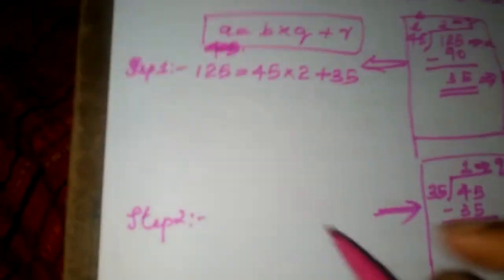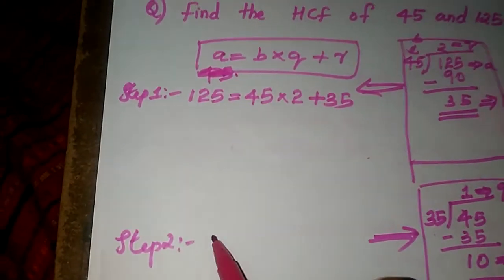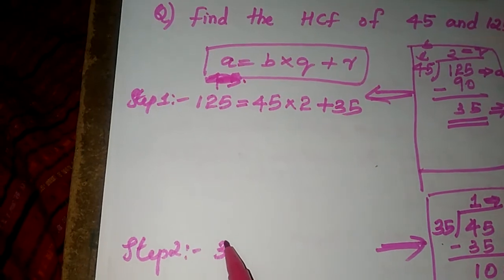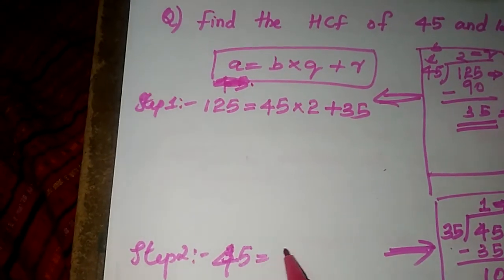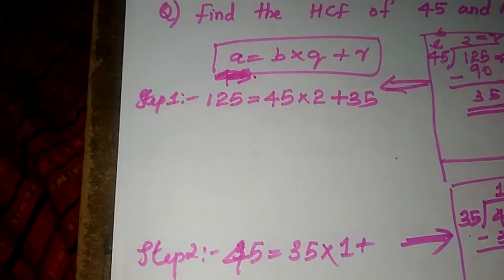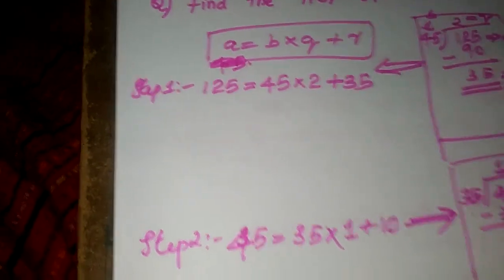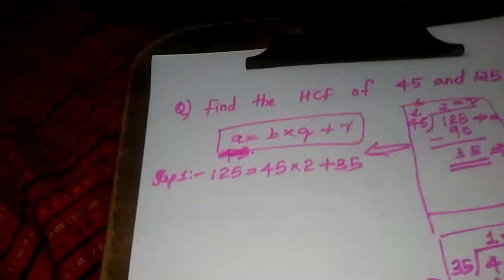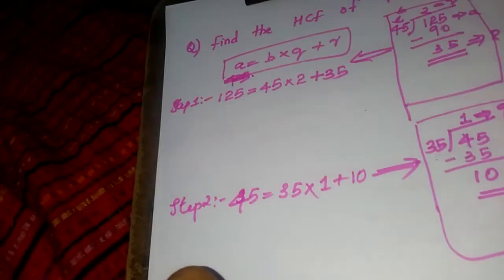Let's write this as a Euclid division formula: 45 = 35 into 1 plus 10. This is the second step. What is the third step?